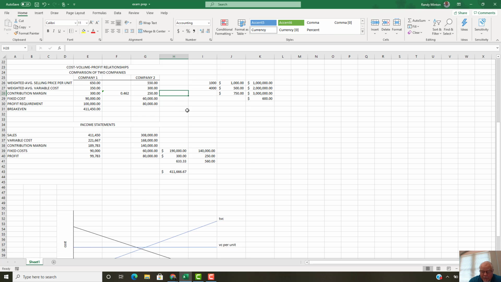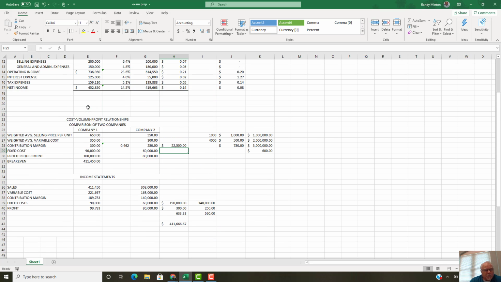So if I take 100 units times $225, that's $22,500 that I'm going to make. So it's really an important concept. Just remember, once you hit break even, you make the contribution margin every single unit that you sell. Okay, well, those are going to be hit hard and often, the cost volume profit relationships.